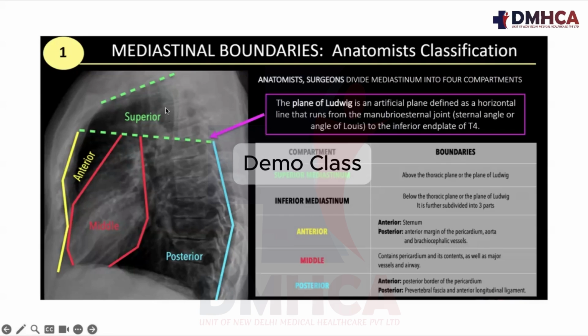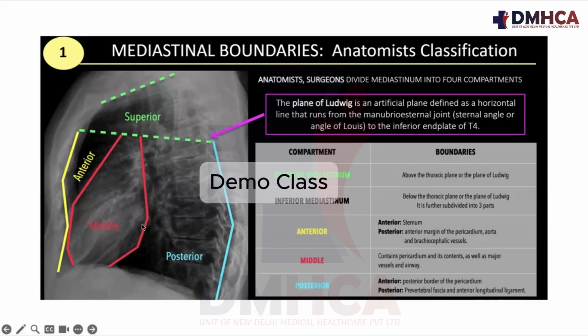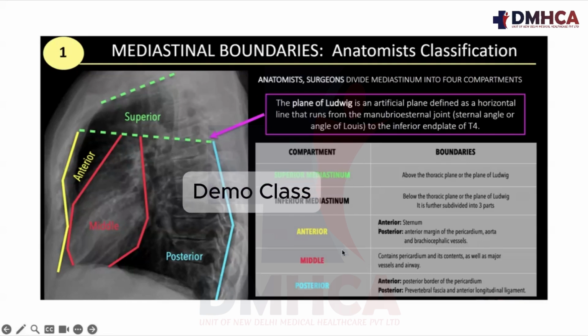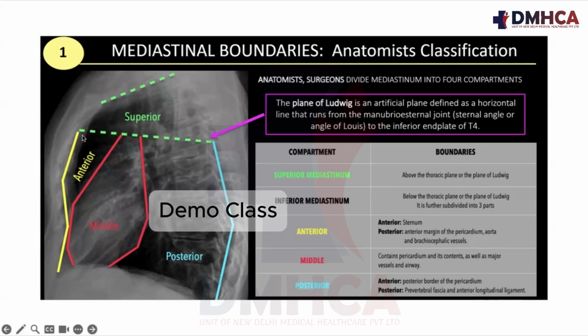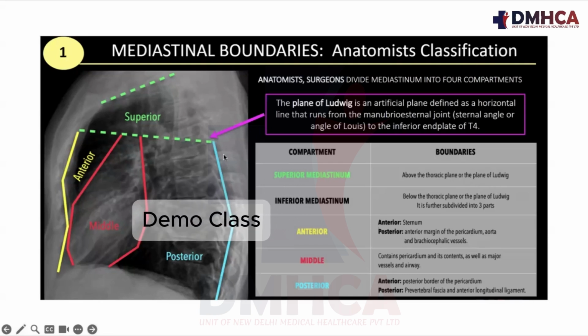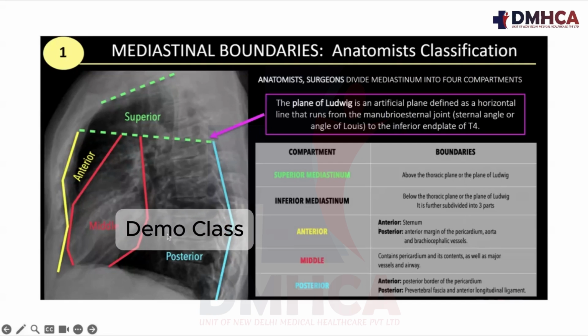The area above it is the superior mediastinum. The region below it is the inferior mediastinum. I have written above the thoracic plane. This is also called the line of Ludwig, and the inferior mediastinum is below this.